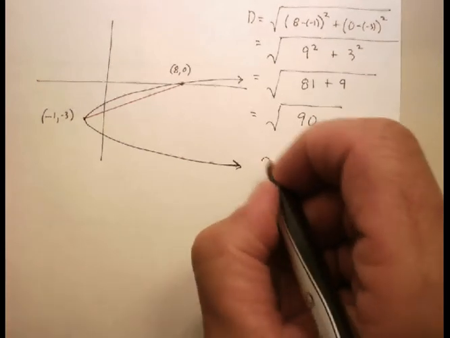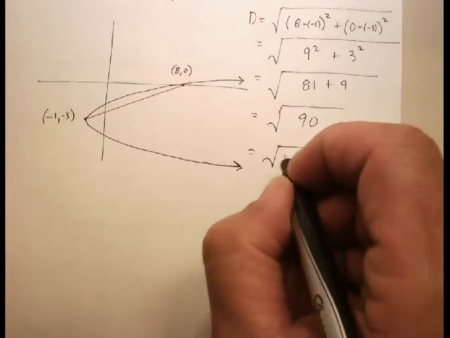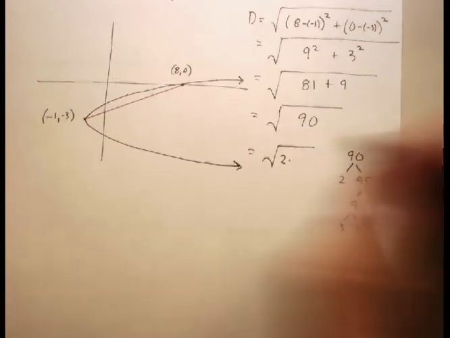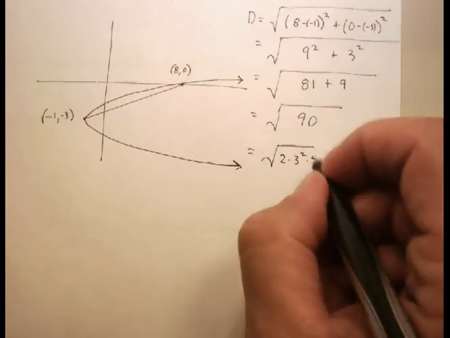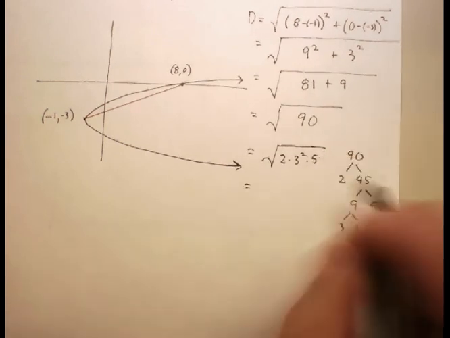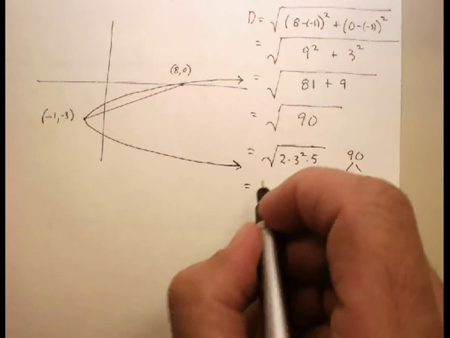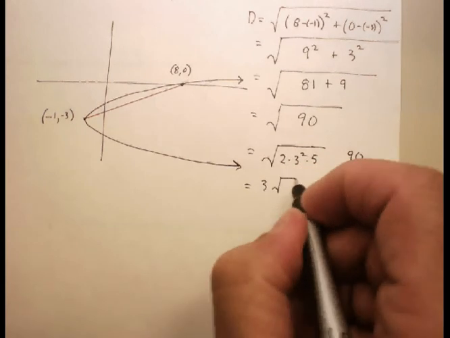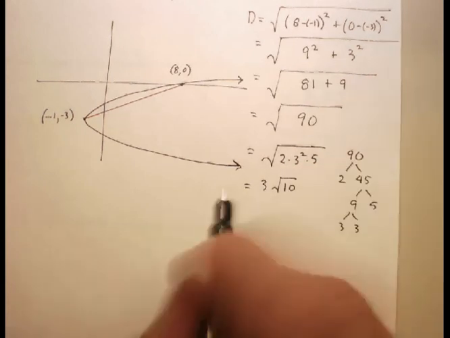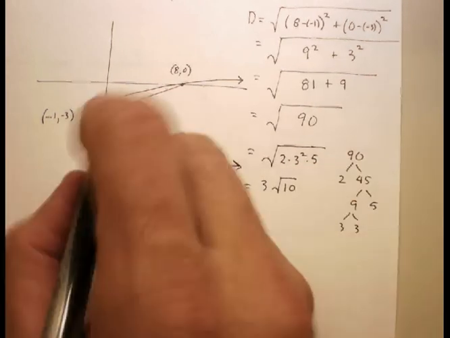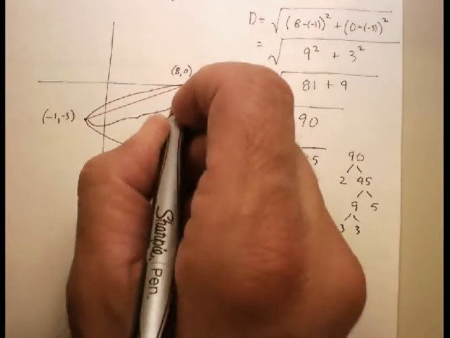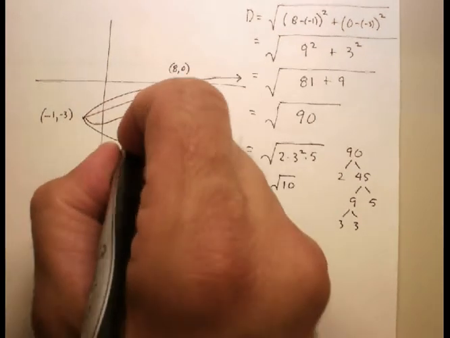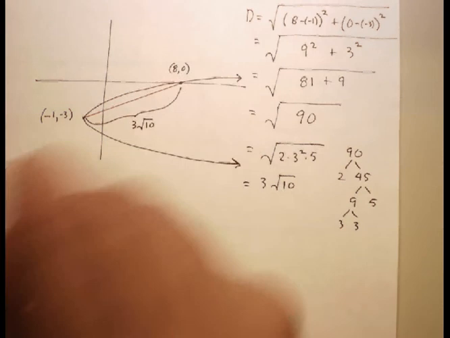That's going to be the square root of 2 times 3 squared times 5. The 3 is going to come outside, so it's going to be 3 radical 10, and that is the final answer. The distance from here to here is 3 radical 10.